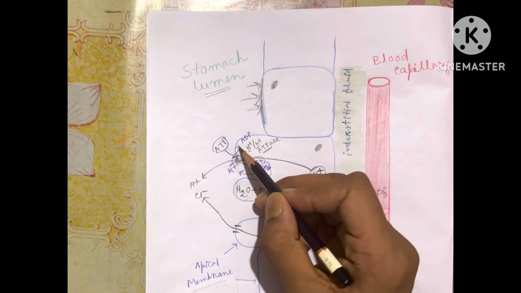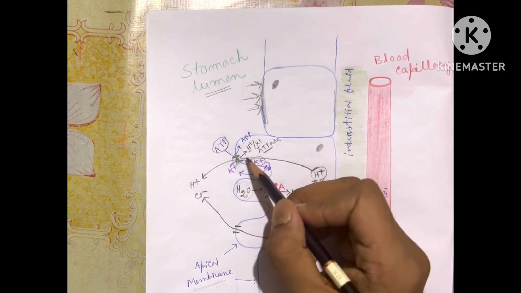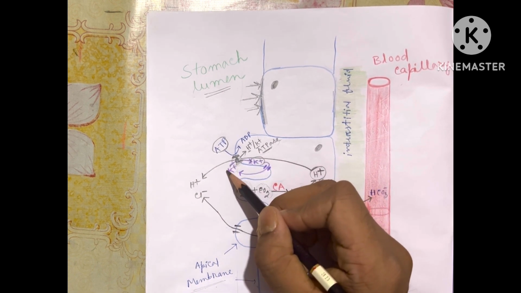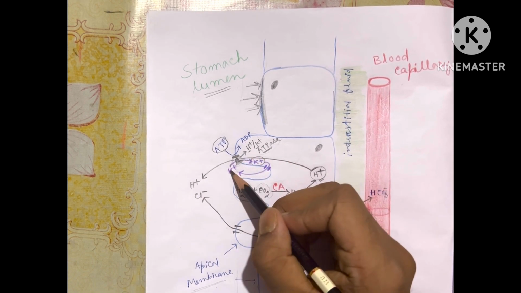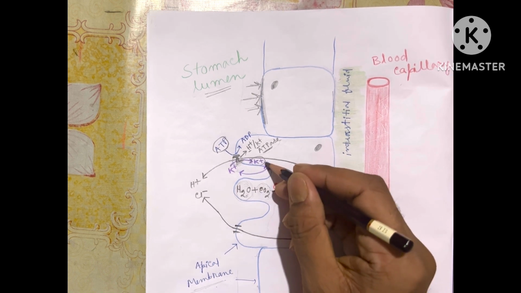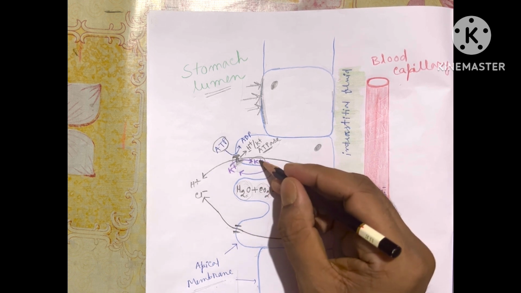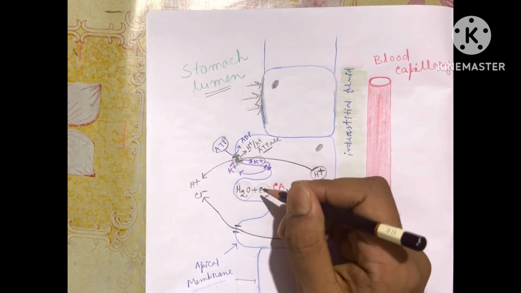So when this ATP is used to push out this particular hydrogen ion, during that same time one potassium ion will be pushed inside the parietal cell. So once potassium comes inside the parietal cell, suddenly by using another uniporter, that potassium ion directly goes back again to the stomach lumen.